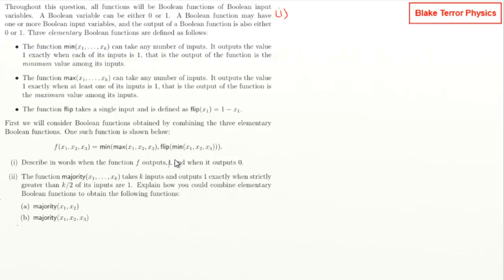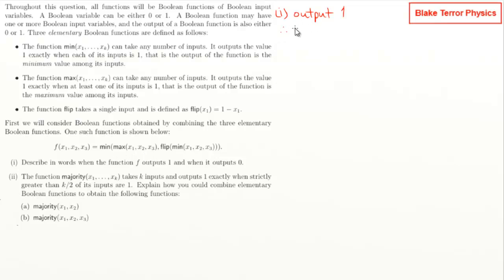So let's say, well, output 1. How are we going to get a 1 out of this? We need max and flip both to be 1. At least one of these has got to be 1 in order to get 1 in the max bit.